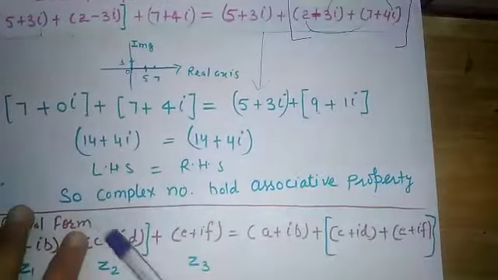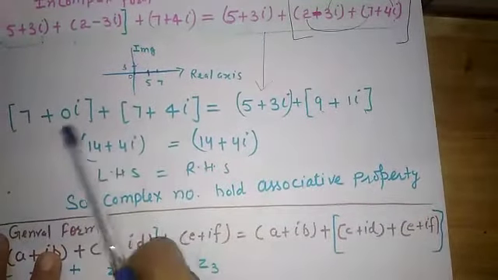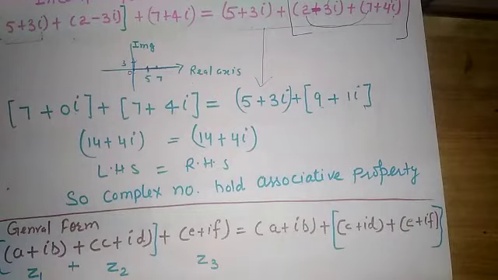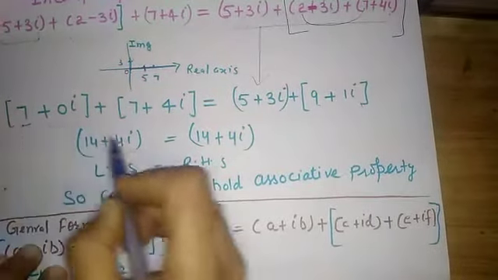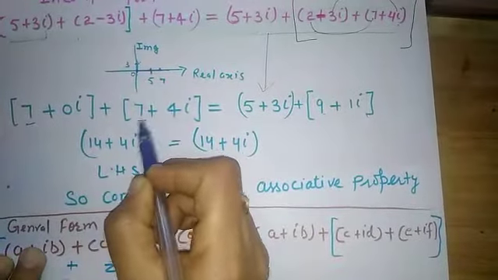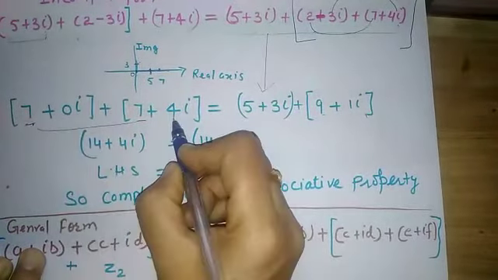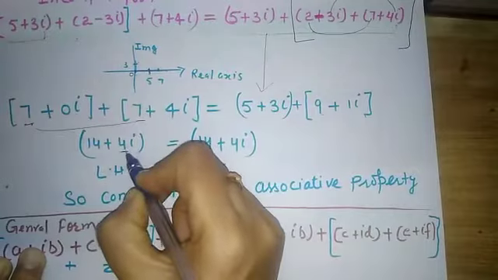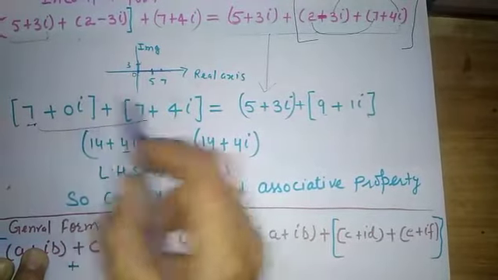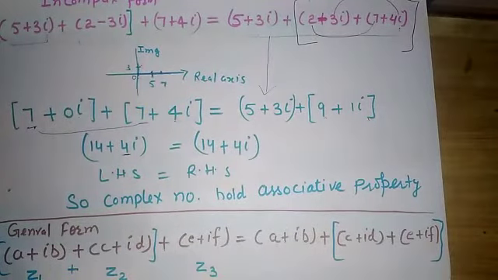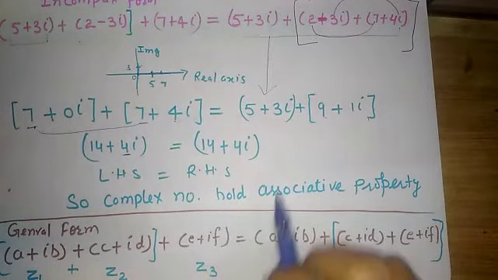So ultimately, I will use addition between the two complex numbers. Again, 7 is real. Here 7 is also real. I will add 7 with 7. I will get 14. 0 with 4, I will get 4, because both are imaginary, containing iota. Any number containing iota is imaginary, as I have told you.